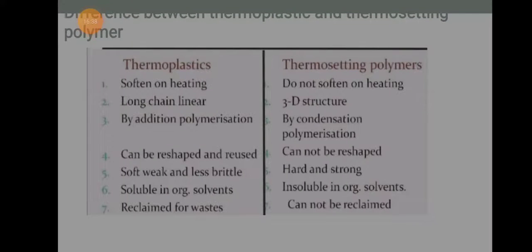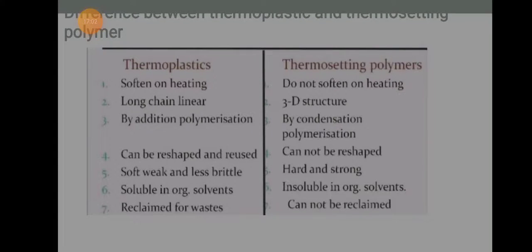Now we'll discuss the difference between thermoplastic and thermosetting polymers. So what is the difference? The first point is that thermoplastic polymers are softened on heating, but thermosetting polymers are not softened like thermoplastics during heating.